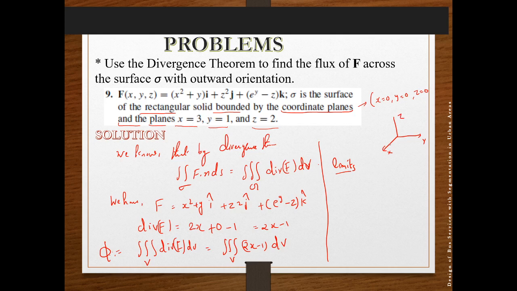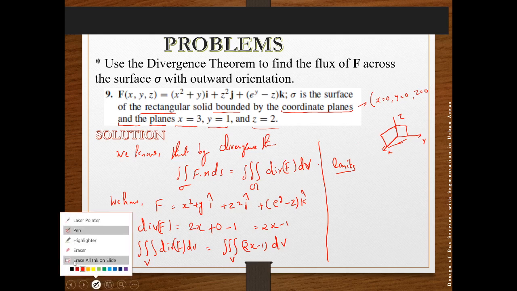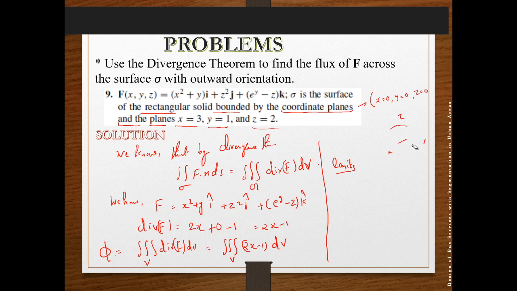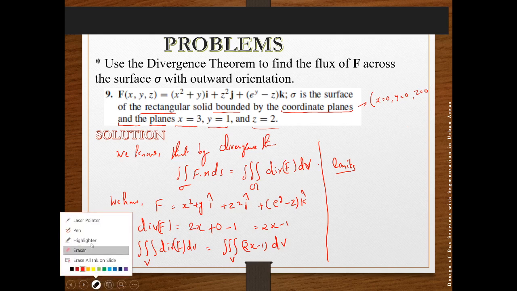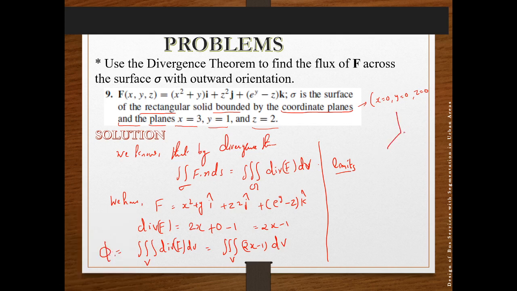It is bounded by the x equal to 0 plane and the y equal to 0 plane. I will draw once again. This is actually a rectangular box, already bounded by these coordinate planes and also bounded by the planes x equal to 3, y equal to 1, z equal to 2.